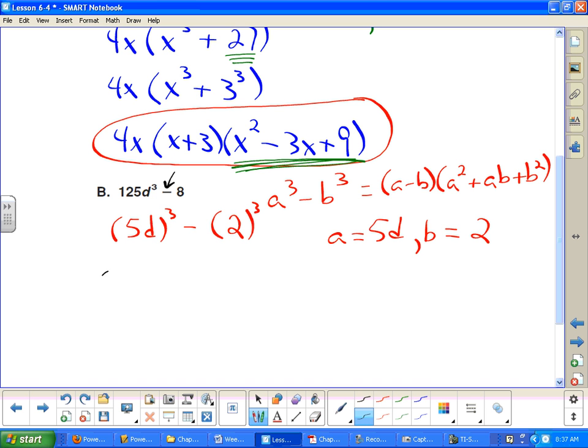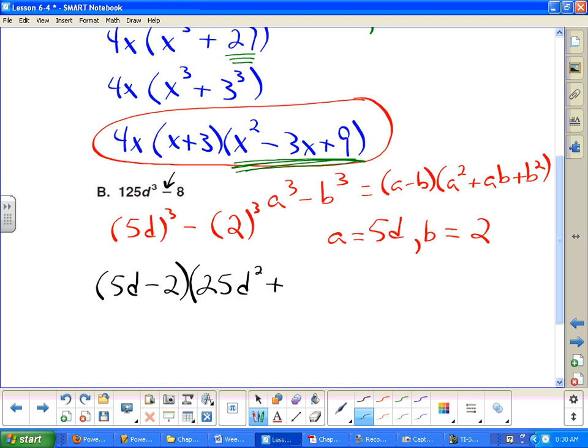So we have 5d minus 2, a minus b. Then it says we square a. So 5d times 5d would be what? 25d squared.